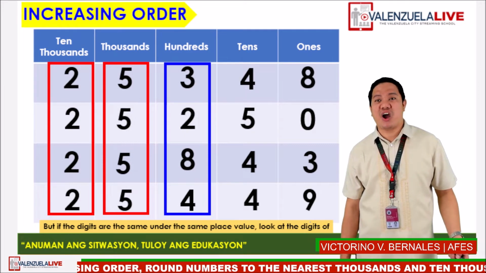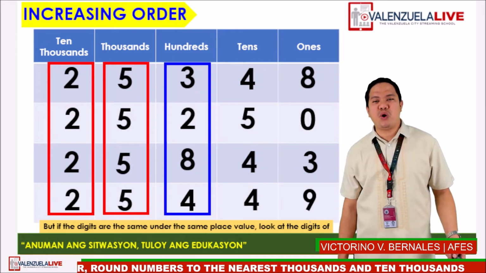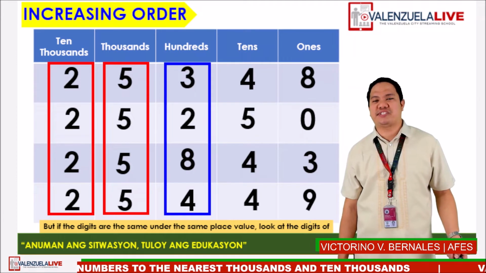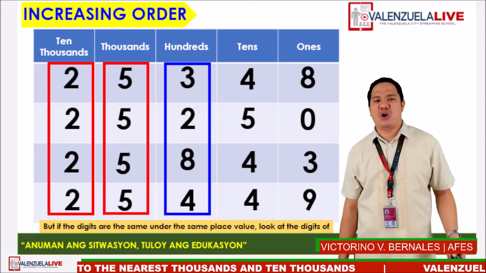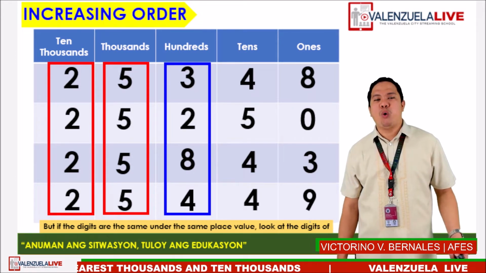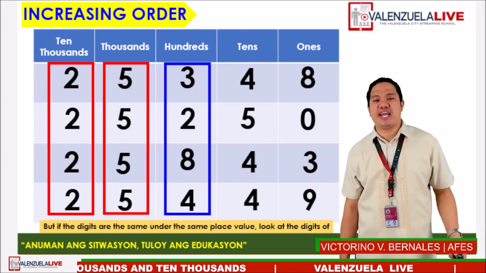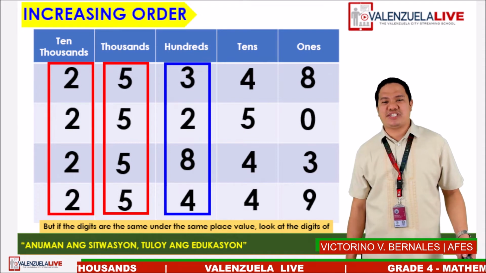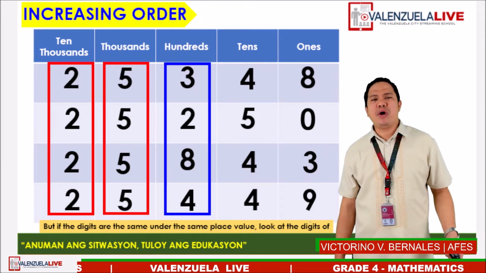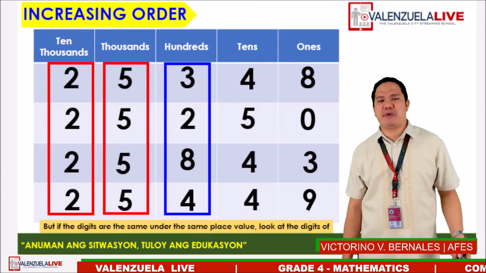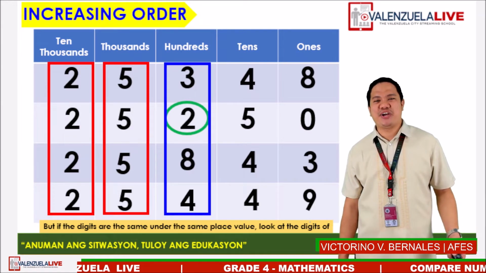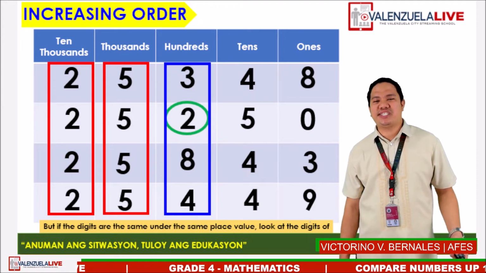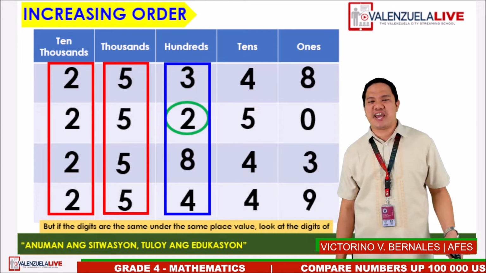No, they are not. So how do we know which number comes first in our arrangement? We have to identify the least digit in the hundreds place, since we are arranging in increasing order. What is the least digit in the hundreds place? Very good. 2 is the least digit in the hundreds place.